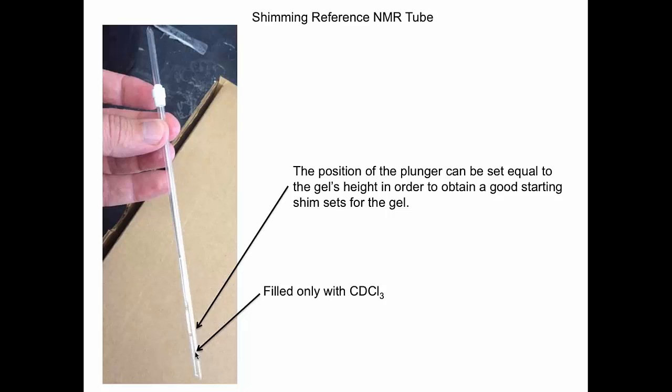But once you do gradient shimming, also remember that the sample will be short, so you will have to shim the high-order shims. My experience is that going up to Z6 will be fine. Once you shim this, you can save the shim, or use it immediately after you insert the sample with the gel.